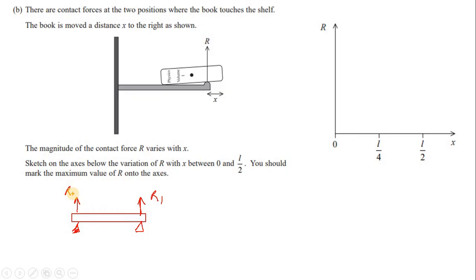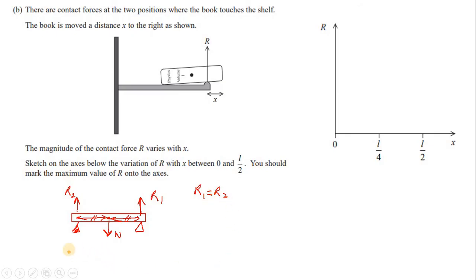And then we have a center of gravity, so at the center of gravity we have a weight acting. Clearly, if the pivots are at equidistance, meaning this distance and this distance are equal, that means both reaction forces will be the same. So R1 will be equal to R2.